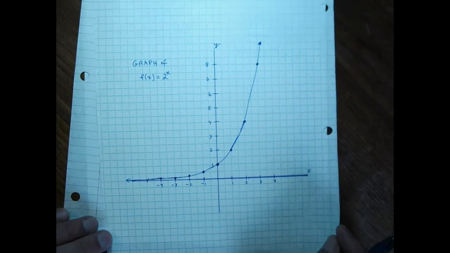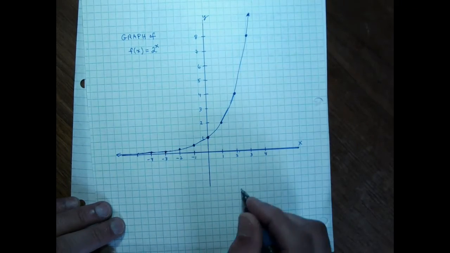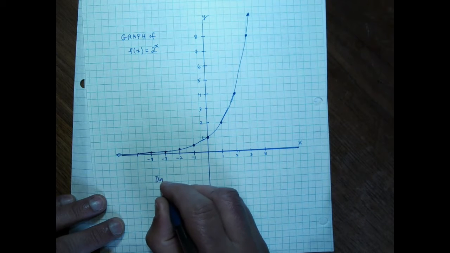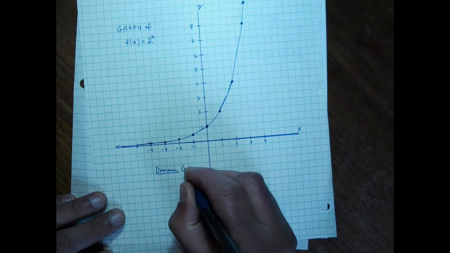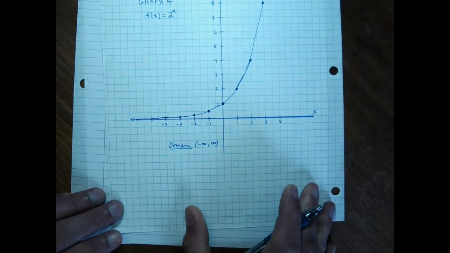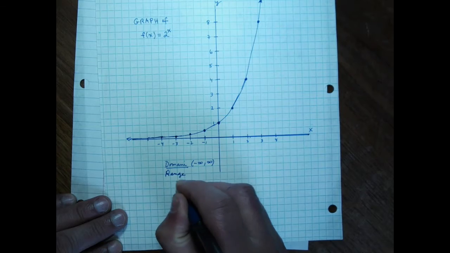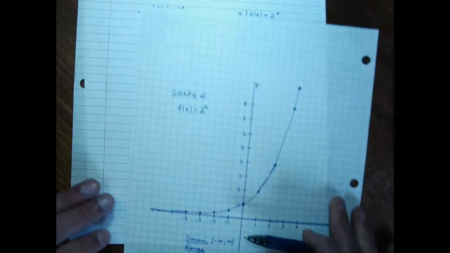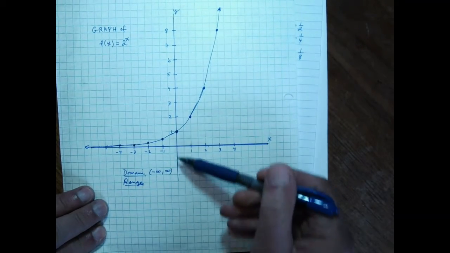So a couple of observations about this graph we've just drawn. The domain of this function is all real numbers. I can plug in any value of x: positive, negative, 0. The range, however: the y values that we obtain, whether we look at our table or the graph, are never going to be negative.